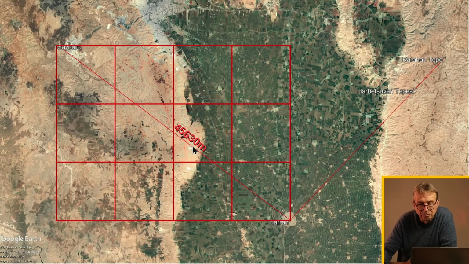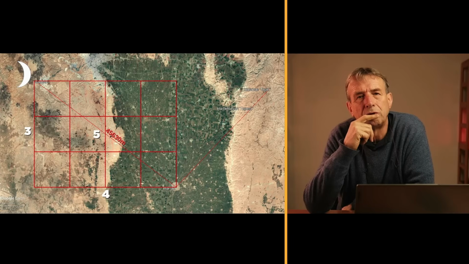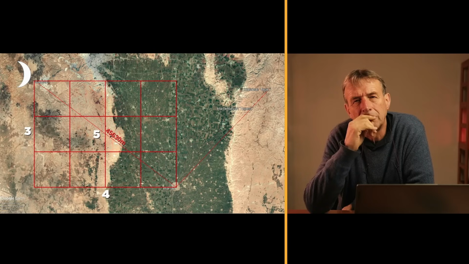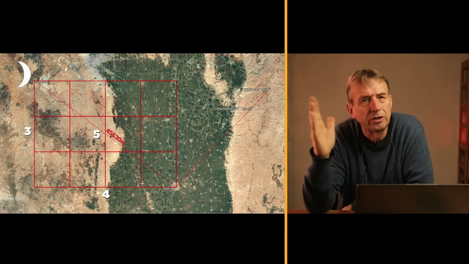45,630 meters. Okay? That's quite an incredible fact. And this corresponds to the major moon angle. Now, this was true in 3300 BC, which, this moon angle changes very slightly according to the Earth's tilt.